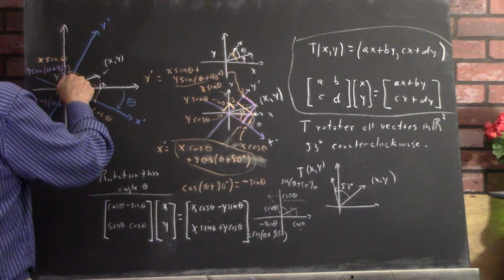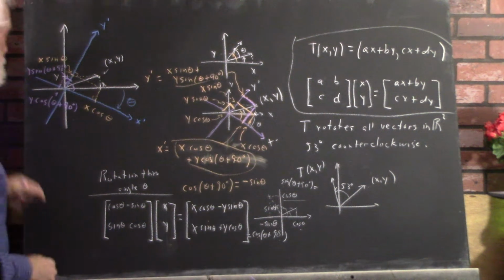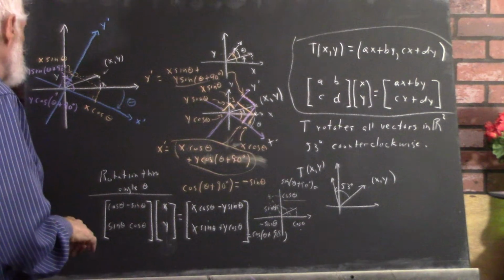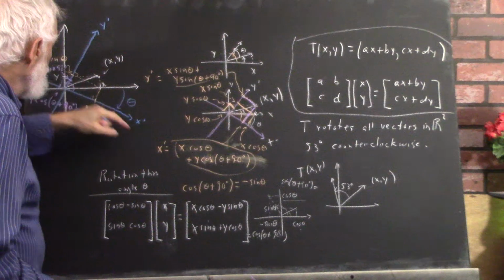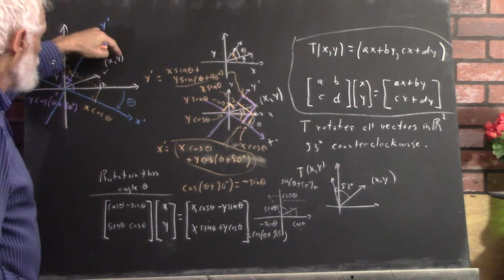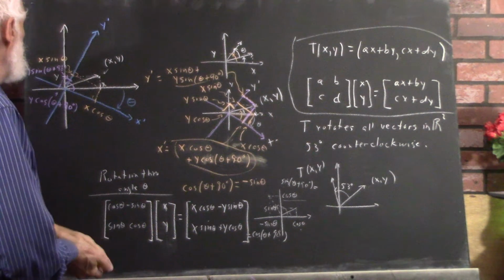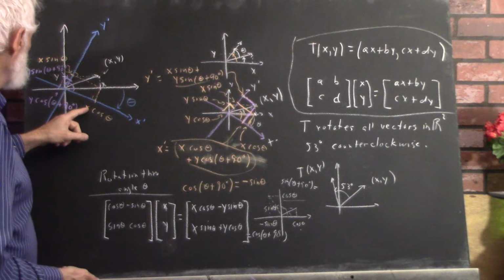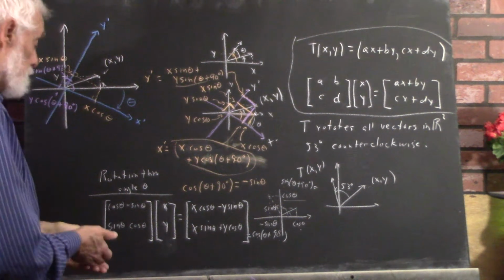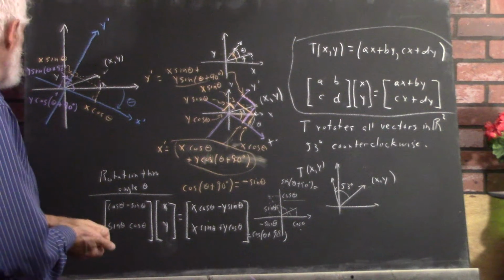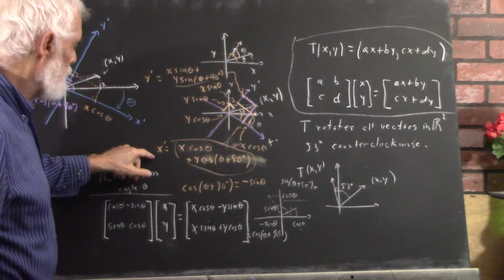And that'll be right here, maybe a little bit hard to see. Well, it's going to follow that the x prime and y prime coordinates of the point xy are going to be x cosine theta plus y times the cosine of theta plus 90 degrees. So I have that down here.